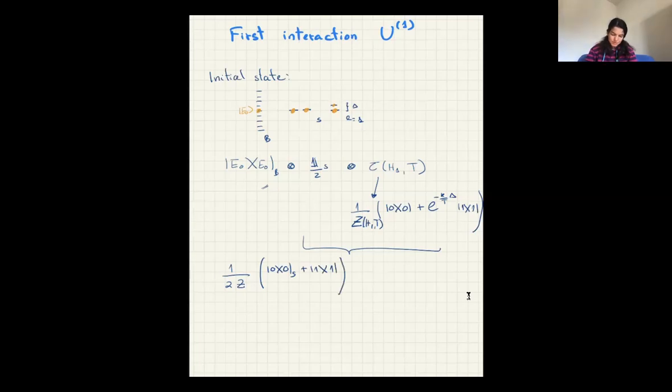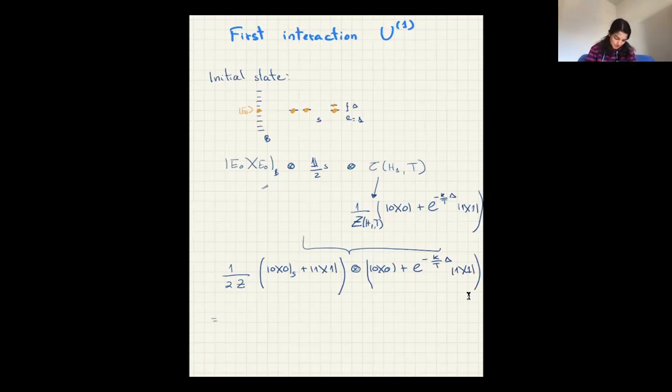The 1 over 2 is already here. And then here we have 0, 0 plus e to the minus K over T delta. So this number is smaller than 1, right? That's what's important here.